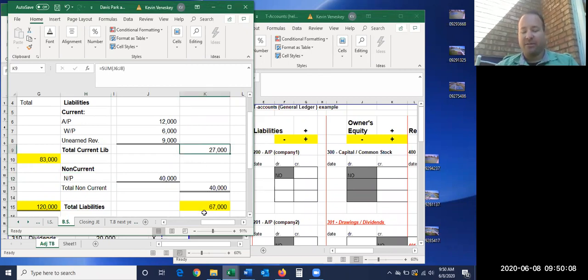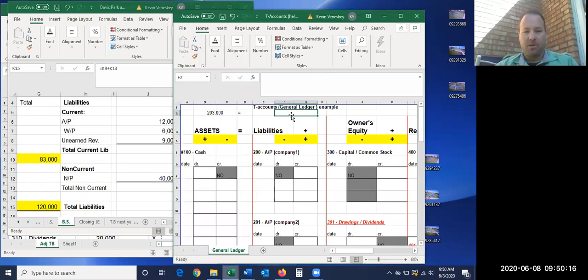And then just adding the two up. So I have total liabilities of 67,000. So I'm going to put 67,000 over here to see if my equation will balance. I have 203 over here. 67 plus something better be 203. That's what we're shooting for.